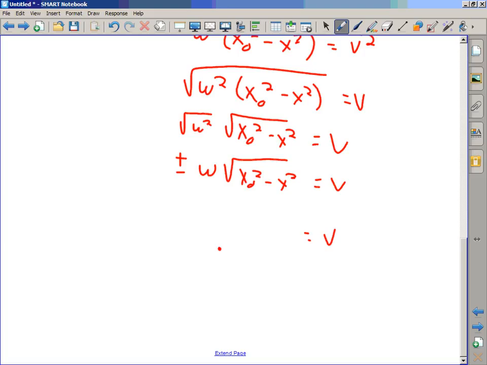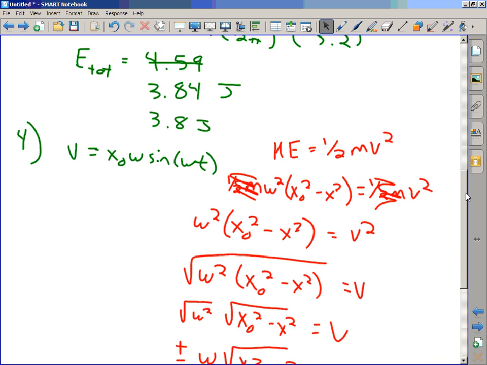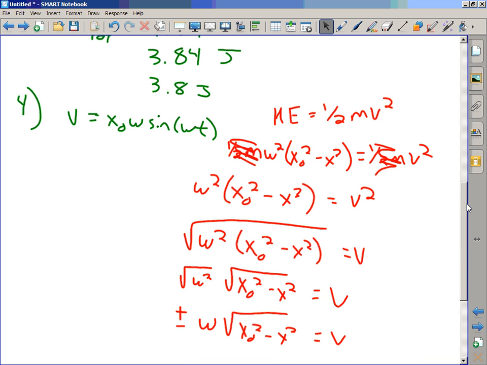Point what? 0.25. Meters per second. Sure. Make sure your calculator's in radians. Critical here. Make sure your calculator's in radians.